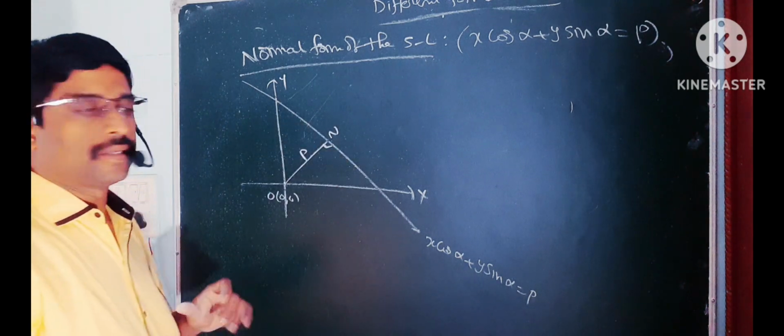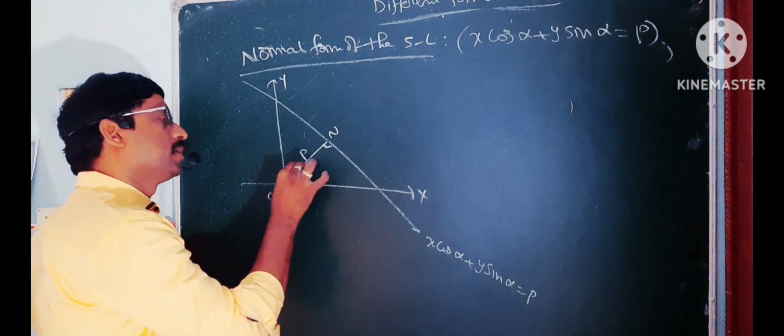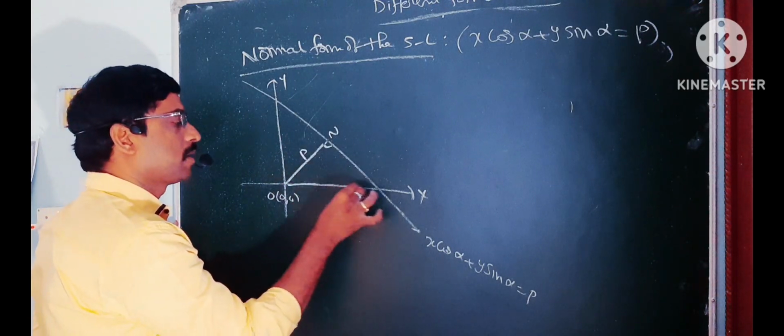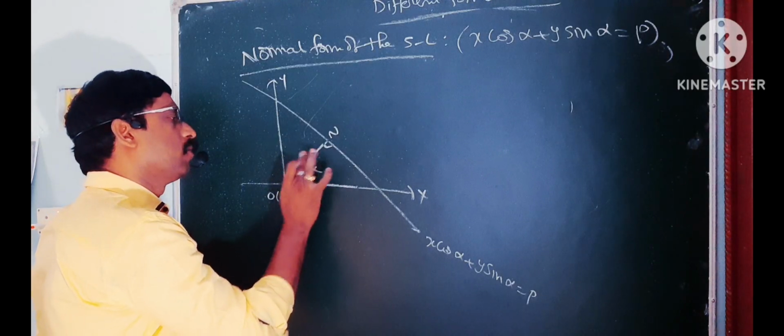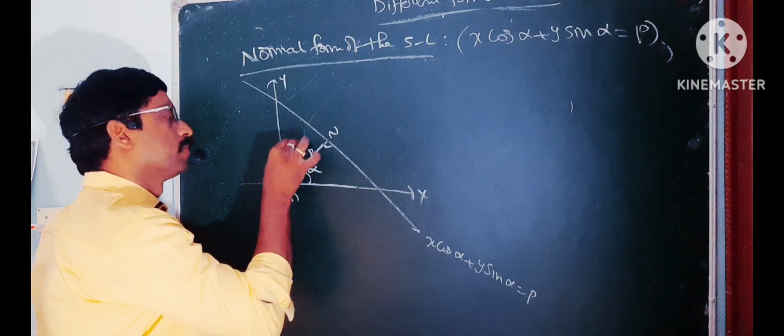What is alpha? Alpha is the angle between the perpendicular and the x-axis. Now I am taking the x and y axes. The perpendicular makes an angle alpha with the x-axis. One angle is alpha, the other angle is 90 minus alpha.